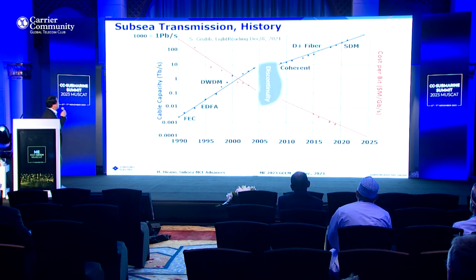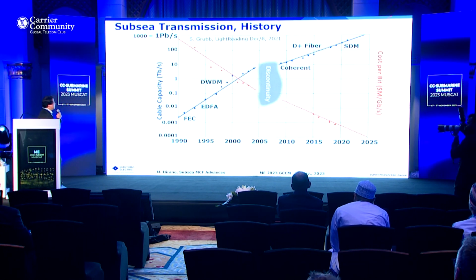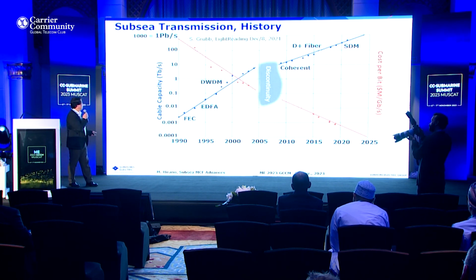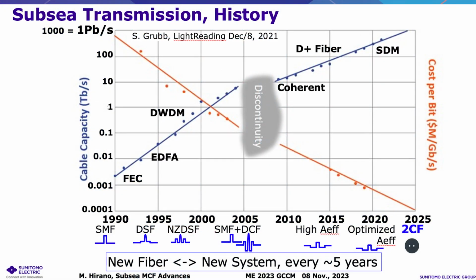So let's move to the history of subsea transmission. This view graph shows the cable capacity in a historical chart, and various transmission technologies contributed to enhancing the cable capacity, and also various fibers: standard single mode fiber, SMF plus DCF, the dispersion management fiber, and also the high effective area fiber, Z plus T fiber and the two-core fiber today.